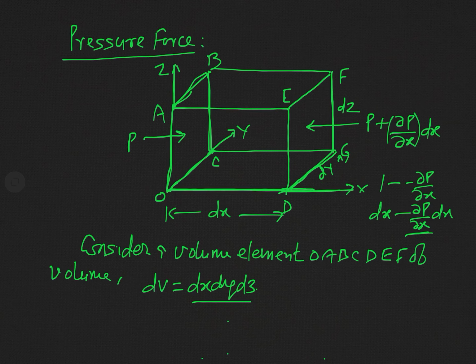I have assumed in x direction the pressure gradient is del P by del x, so here the pressure will change by the value del P by del x into dx, and so this will be P plus del P by del x into dx.